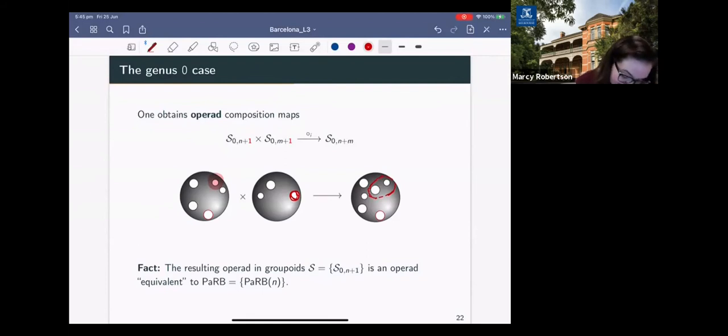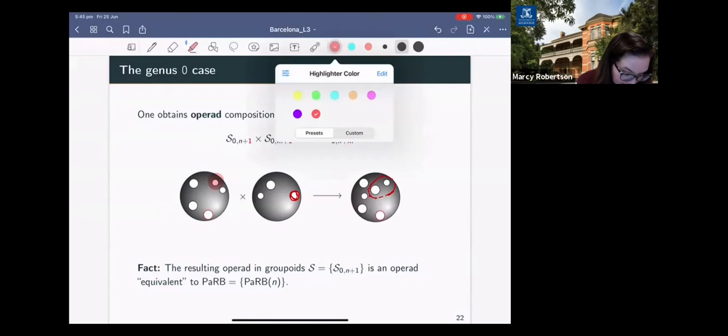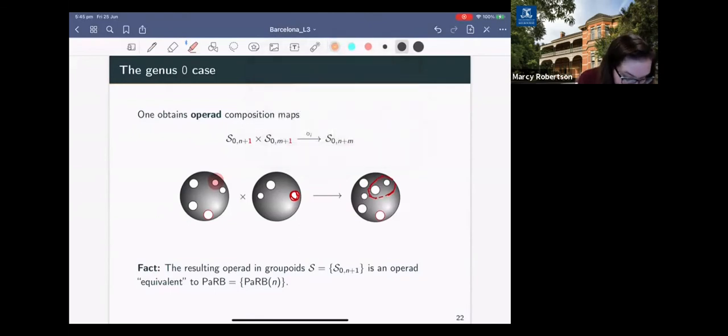All right, so it induces this on objects, of course, but it becomes well-defined on morphisms and is an operad in groupoids. And here's one of the things where I'm being a little bit shady. So this is equivalent to an operad in groupoids of parenthesized ribbon braids.